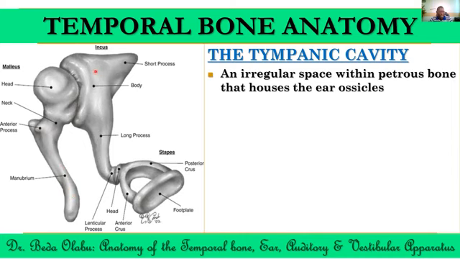For the incus, we have the body of incus, then short process and long process. The long process ends at the lenticular process there. And for stapes, the major thing is the head and the two crura, the posterior crus and the anterior crus, which meet at the foot plate. This foot plate is the one that attaches to the oval window of the vestibule. This manubrium of the malleus is what attaches to the eardrum laterally.